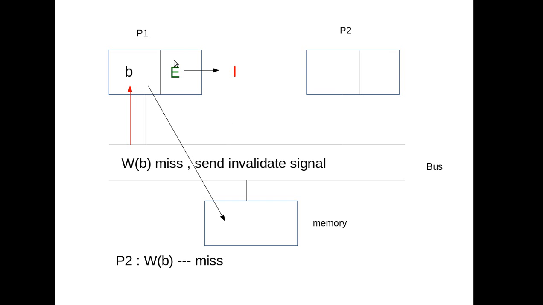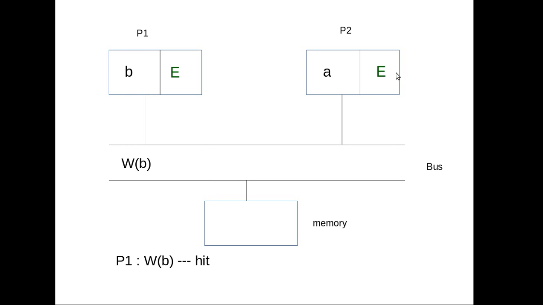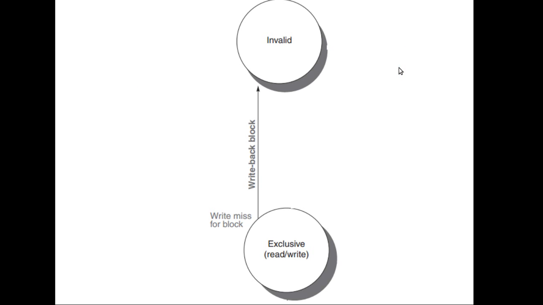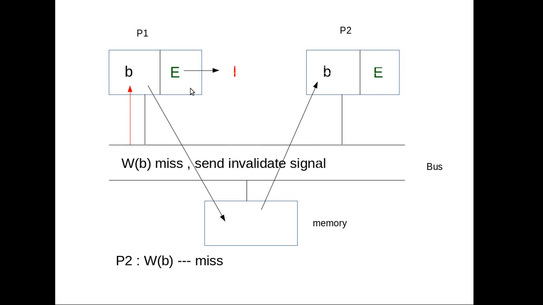Then now P2 reads B from the memory, and now it is in exclusive state. Previously P2 was in exclusive state, and now it's in exclusive state again.